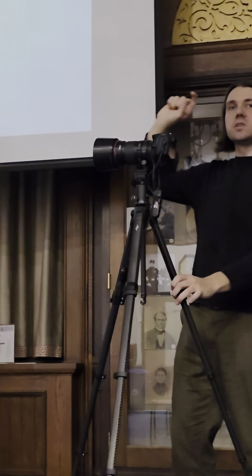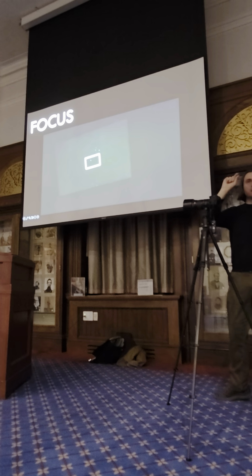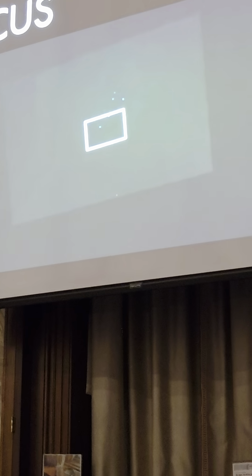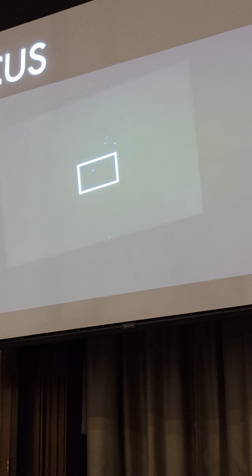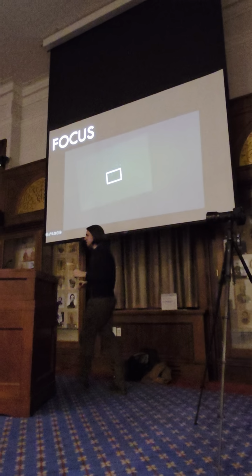Your goal is to make those stars as small as possible on screen. When you first see them, they're going to maybe be nice and big, and then you're just going to move around in the area of infinity focus and try to make them as small as possible.